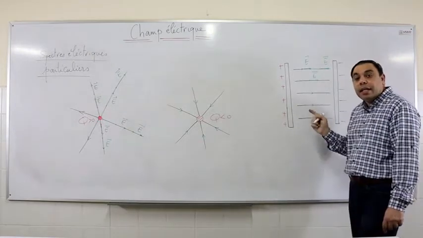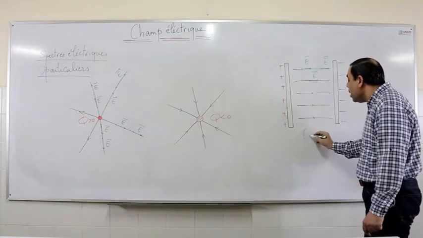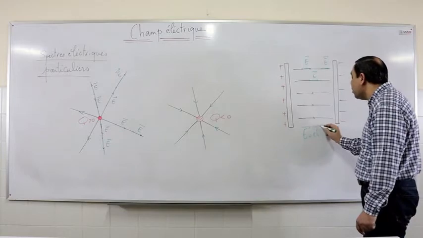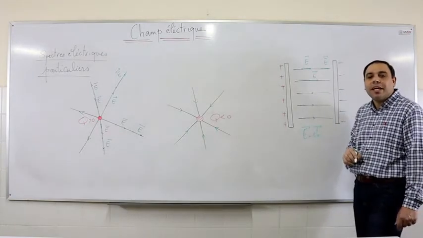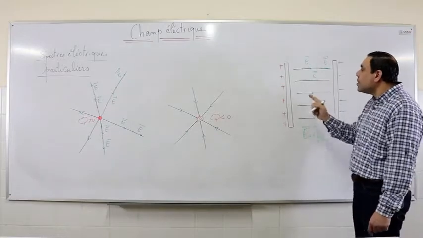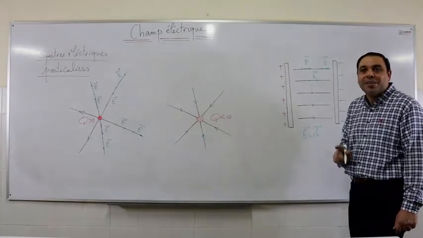The parallelism of these field lines implies that the electric field vector is constant. The field vector E is constant. The tighter the field lines are, the greater the magnitude of E is.